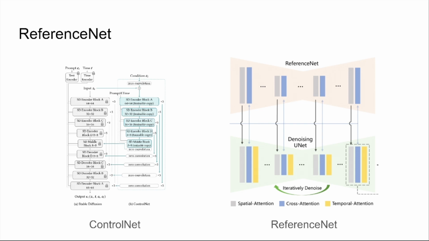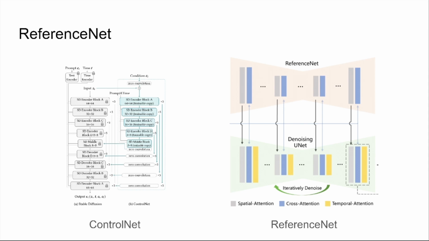So if we hear about the reference net, then we must recall the concept of control net. For the control net, I mentioned in the very beginning that what control net generates is from an input modality, for example, the skeleton image.